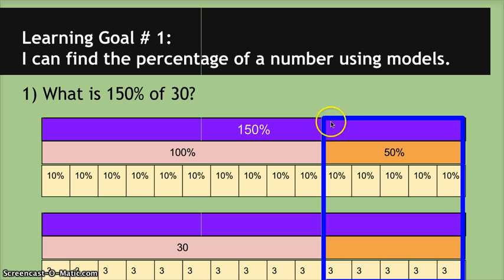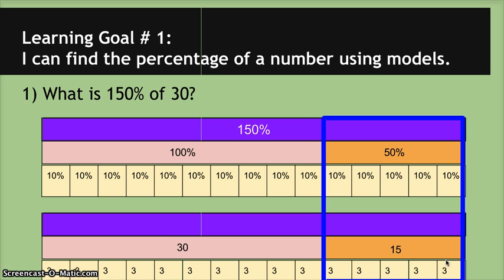I want to highlight this part, this 50%. We know that 50% is 10 plus 10 plus 10 plus 10 plus 10. But 50% of our number 30 is 3 plus 3 plus 3 plus 3 plus 3, or 3 times 5, 15.